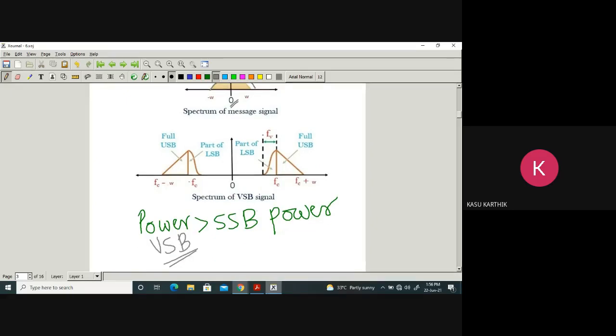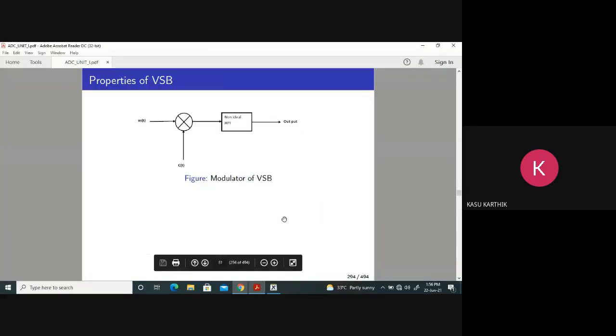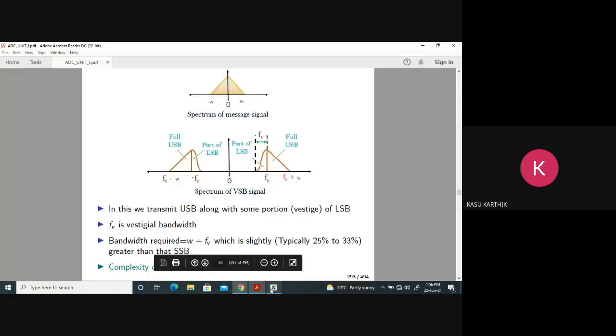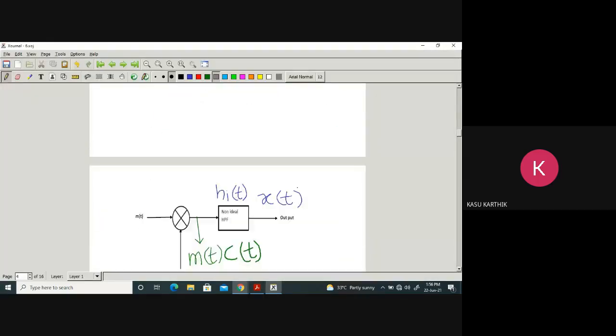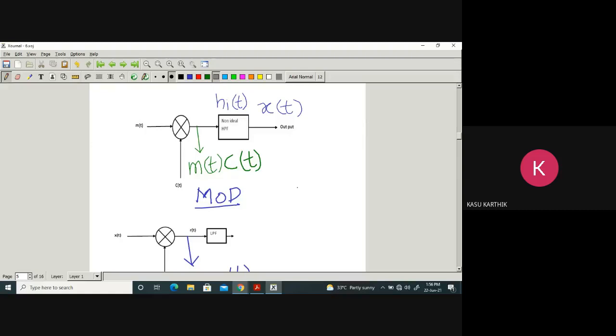Now, how to generate this vestigial sideband modulation? The generation is just like SSB. How is SSB generated? You remember, right? First generate DSBSC. How is DSBSC generated? Just multiply m of t and c of t. After getting two sidebands, using a filter, you remove the other sideband.